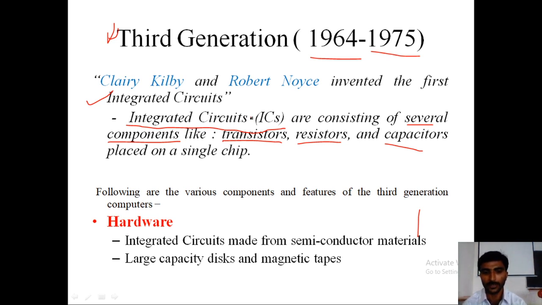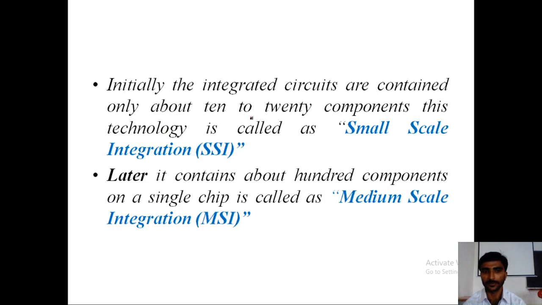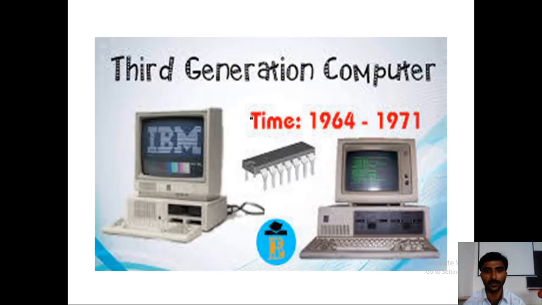Okay, so here they used integrated circuits. Initially, integrated circuits contained only about 10 or 20 components. See, this is a circuit, called an IC.